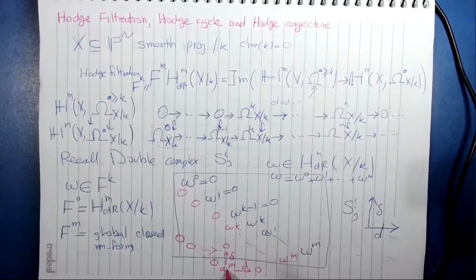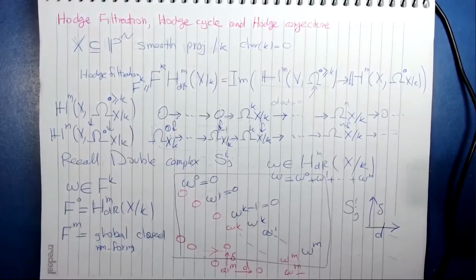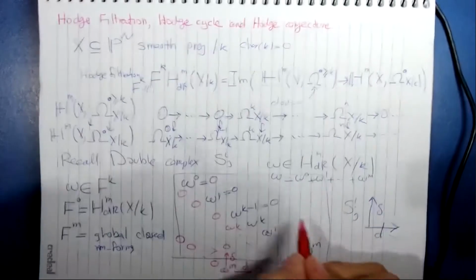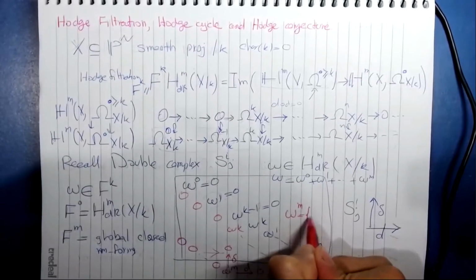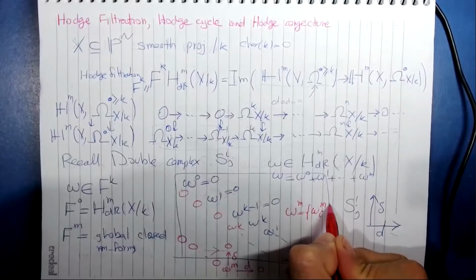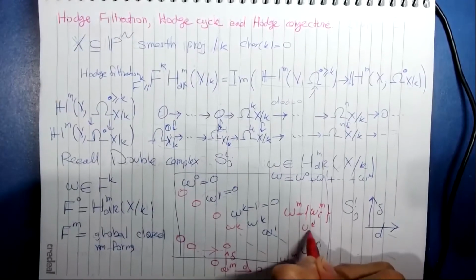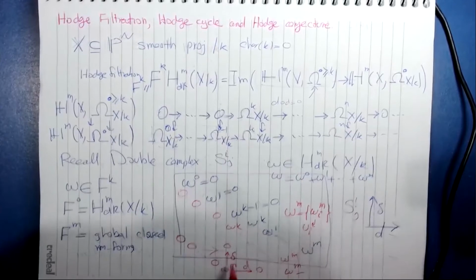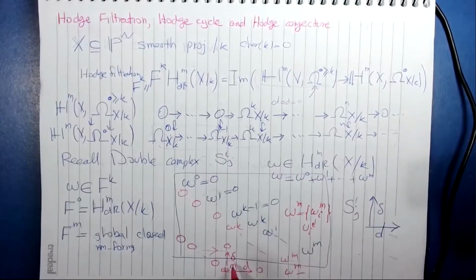Remember that omega_m was a collection of differential n-forms defined in the chart open sets U_i. So delta of it equal to 0 means that the omega_m's glue to each other and give a global differential form, and its d is equal to 0, so it is a closed form.